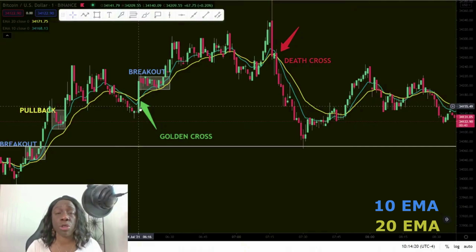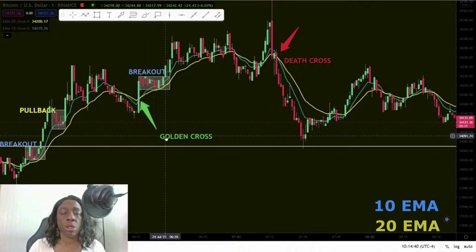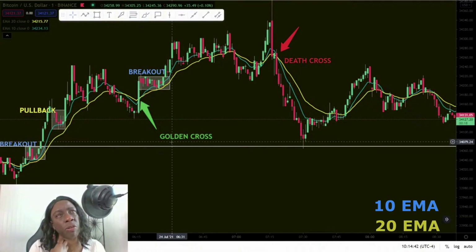When any smaller time average crosses above any larger time average, so if your 20-day moving average crosses above your 50-day moving average, then we're calling that a crossover. Basically, I call them all golden crosses. I think it's only when the 50 crosses over the 100 or something that it is technically a golden cross.